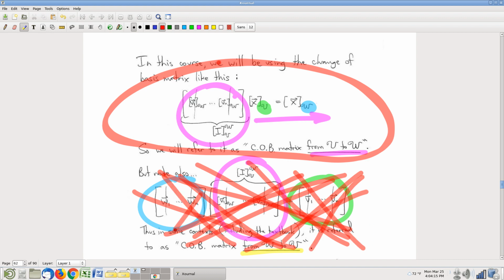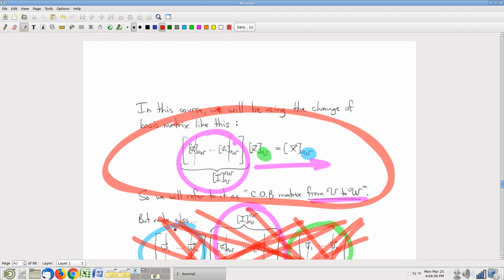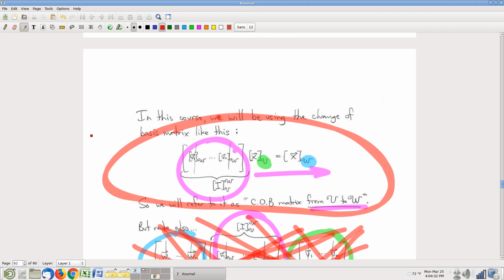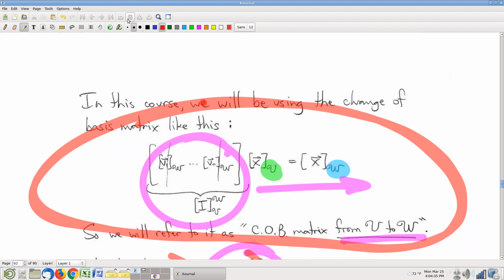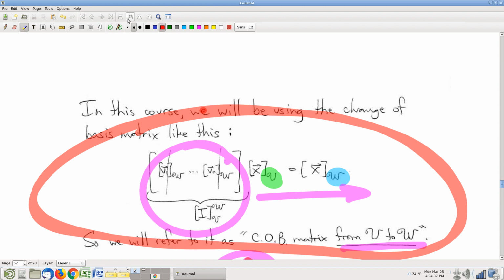So, yes, this matrix does have different applications. Yes, you can use those to motivate different choices on the terminology, but this one here is irrelevant to Math 216. This is not going to come up. So we're going to use terminology that makes sense with respect to what we're actually going to be doing with these matrices. We're going to call this matrix the change of basis matrix from V to W because that's what we're going to do with it. Does that make sense to everybody?